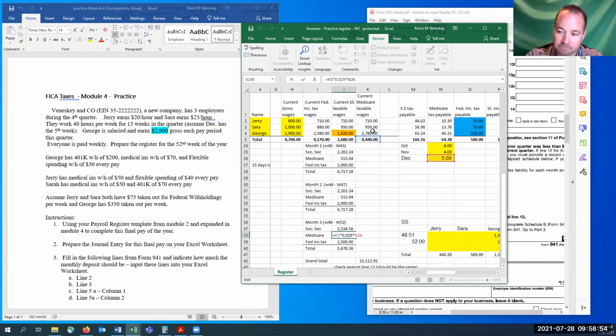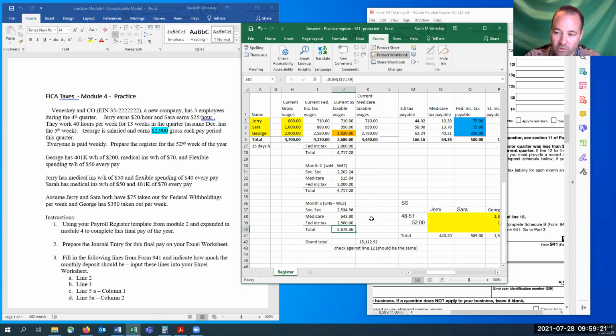The Medicare rate, taking our Medicare wages times the 2.9, and the only difference is we're multiplying it by 5 for the 5 weeks. So that's why it's different than this one. And that's why our federal income tax is $500 higher, because we're multiplying it by 1 more. We're multiplying it by 5 instead of 4.